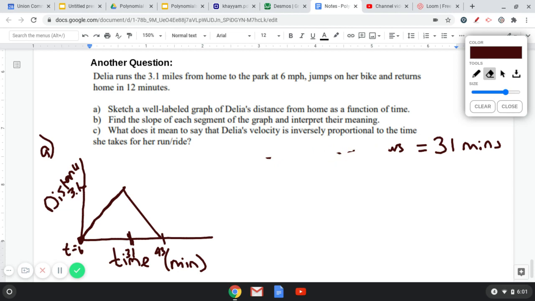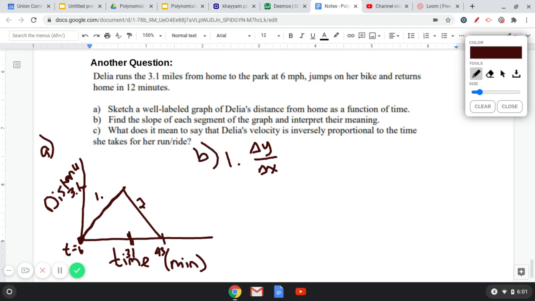Okay, I'm going to go ahead and erase this. So the slope of the first segment, I guess we can find it. Change in y over change in x. So segment 1, we can just call this segment 1, and then we'll call this segment 2. This is for part B. Okay, so the slope, change in y, well, we go from 3.1 to 0. So this is just 3.1 minus 0.